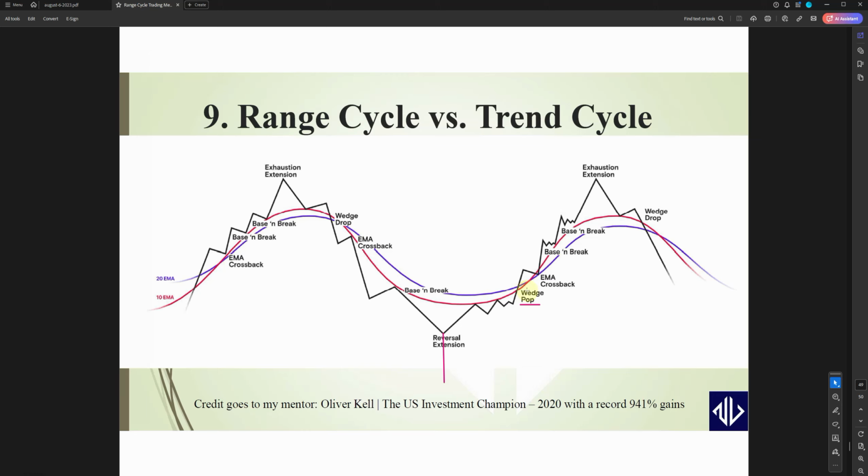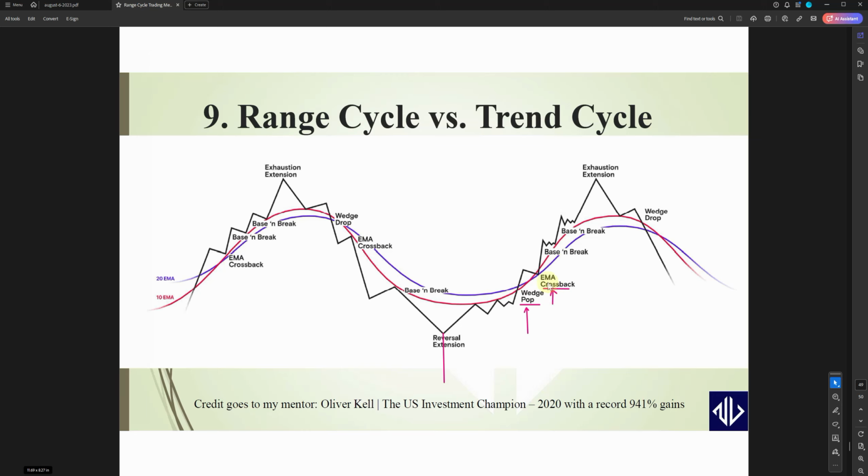So once we have the wedge pop, the next step we are looking for is the EMA crossback. So I'm looking to enter from here or maximum from here.